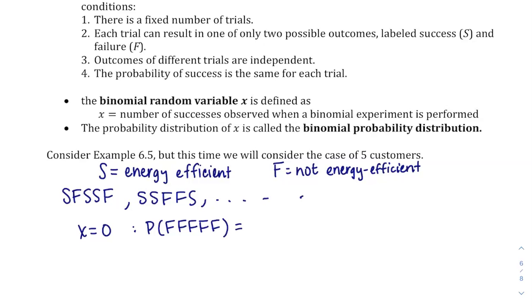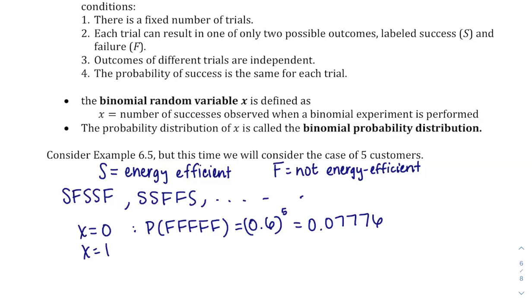And so the probability of failure was 0.6, and that's going to be to the 5th power. So we get a probability of 0.0776. Now what about getting 1? That means that we are looking for exactly 1 success, maybe in the first customer, the second, the third, the fourth, or the 5th.